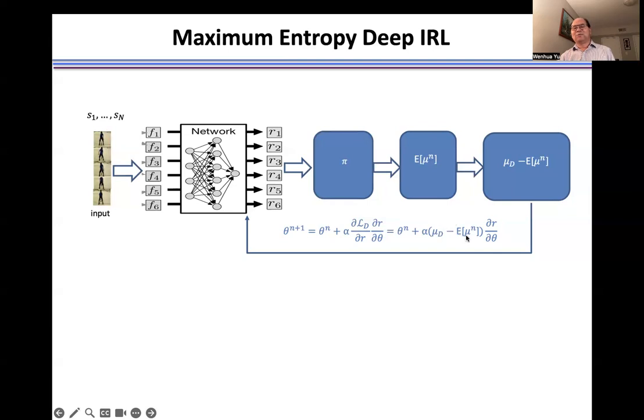That means the learned policy is close to the expert policy. And then if you give us a new trajectory, we can use the neural network to generate the reward function, and then use this reward function in reinforcement learning to find the optimal policy for the agent.